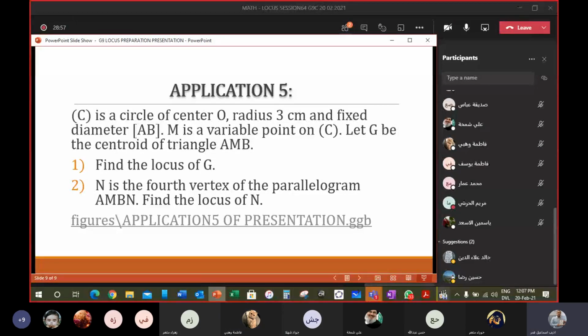Let's write them directly on the figure. Continue, Fatima. M is a variable point on C. Let G be the centroid of triangle AMB. Part 1: find the locus of G.